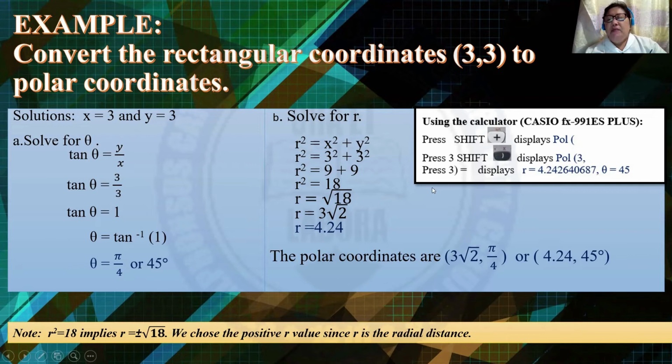And then you have to press 3, close parentheses, equals. It will display r is equal to 4.2426407, theta equals 45. And just place degree to indicate the degree measure.